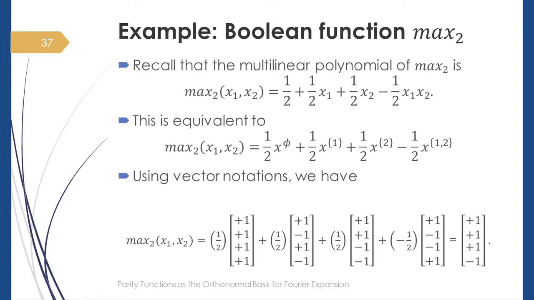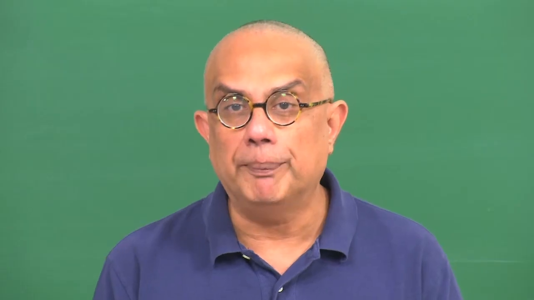We replace them with their column vector representations, and using the scalar terms which represent the Fourier spectrum, we are able to show that we can rewrite any Boolean function, just as we did for max2 here, as a sum of vector representations, and that is very important, of parity functions of the form x raised to a subset of all possible indices that the variable x ranges over.